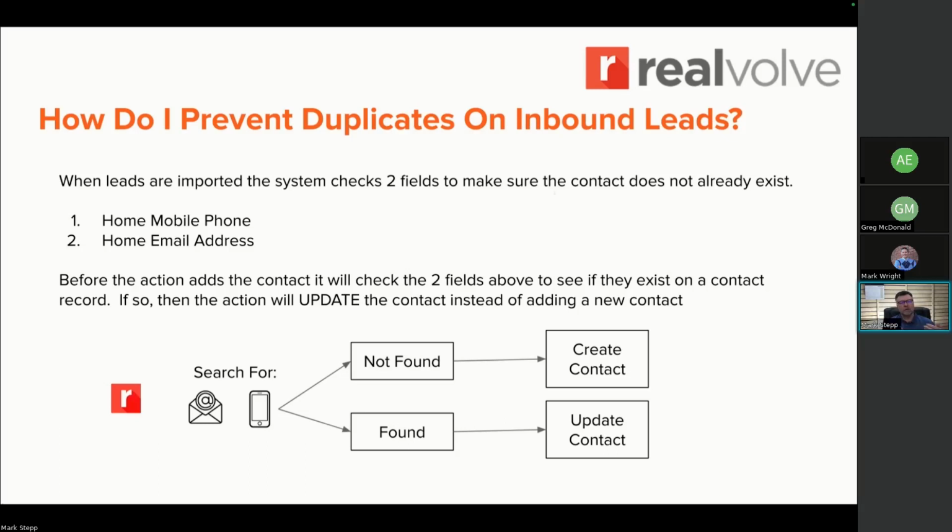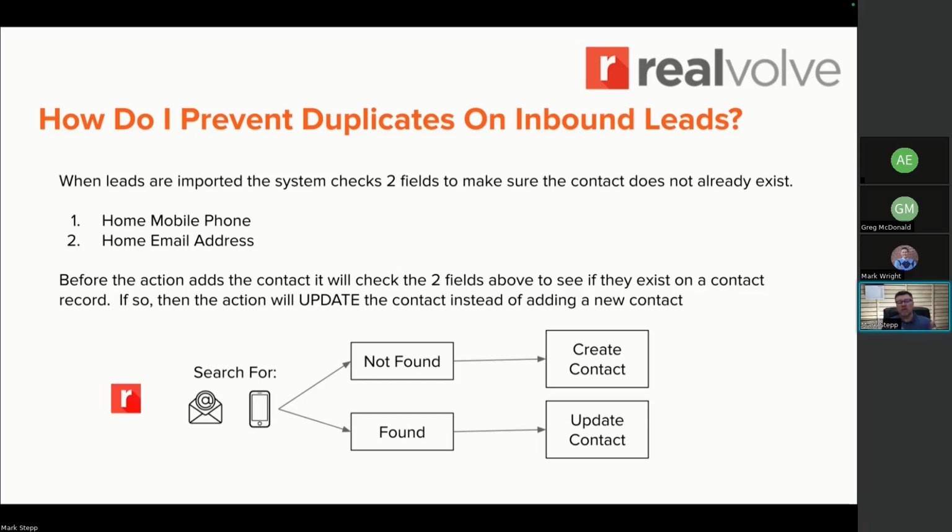Typically a person will have one mobile phone and one email address, so if they fill it in on one form or another, typically it's the same one. It's possible that they put in one mobile phone and email on one form, and then a different mobile phone and or email on a different one.